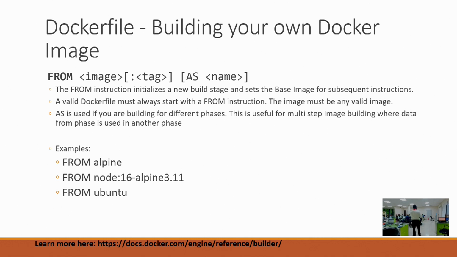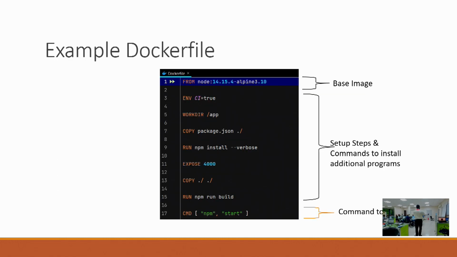For example, this node:14.15.4-alpine3.10 is just telling you that this node has this version and was built on top of this Alpine image. So in this node image, the Alpine image was used as the base image, and we are using this one as our own base image.